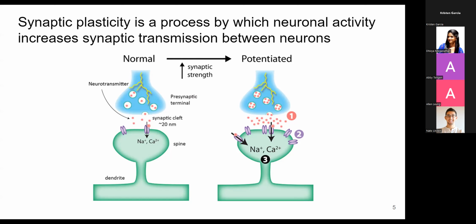So synaptic plasticity refers to the change that occurs at these synapses, which are the junctions between neurons that allow them to communicate. So if you put some stimulus in your system or synapse that increases this calcium ion signal throughput, you see an increase in synaptic strength, resulting in a change in synaptic plasticity.